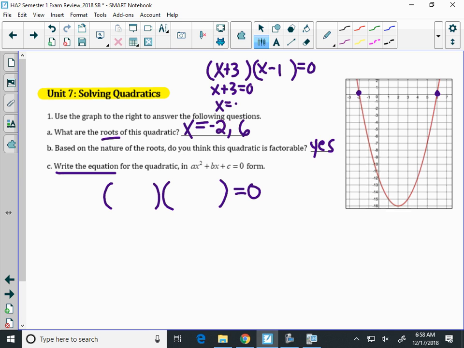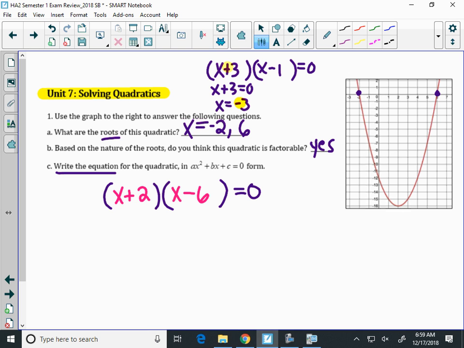So you ended up getting a solution, and we always notice that the sign of the solution was the opposite of the sign in the factor. So if I know the solution is -2, that means the factor that gives that to me is x + 2 and x - 6. So those are the factors.